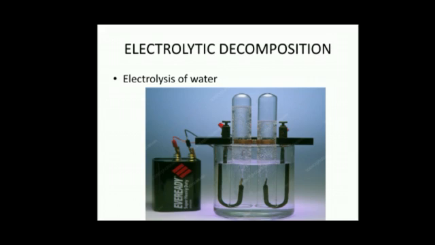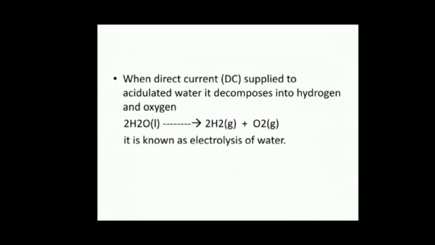Because direct current is responsible to break a compound into its constituents. Here your compound is water, which is taken in the container. And you can see the bubbles also in the image. And this bubbling is clearly indicating that water is breaking down into its constituents, that is hydrogen and oxygen.